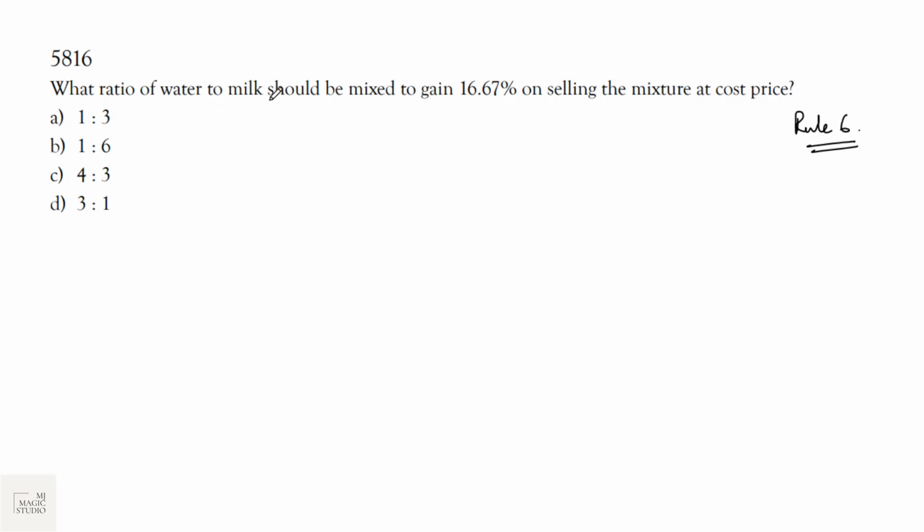What ratio of water to milk should be mixed to gain P%? Just try to understand. What ratio of water to milk should be mixed to gain P% on selling the mixture at cost price? If this is given, you are selling the mixture at cost price and you are trying to find the ratio of impurity to purity and you are gaining P%, answer is simply P by 100.